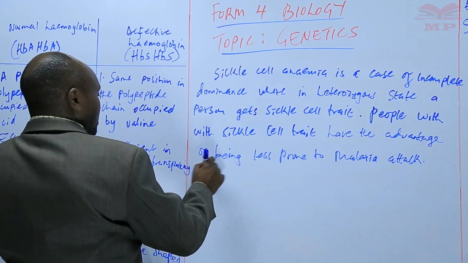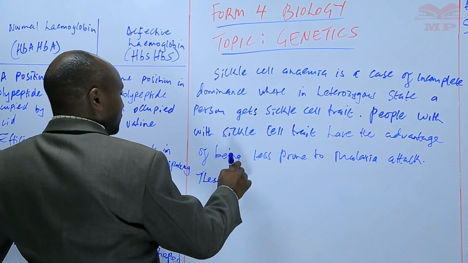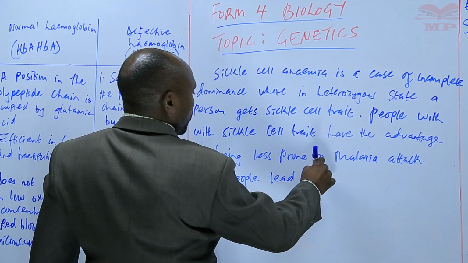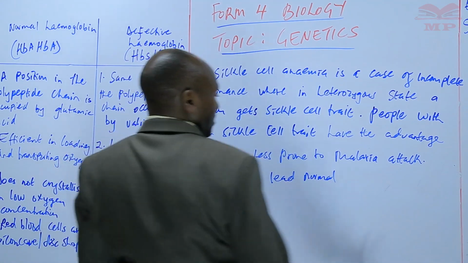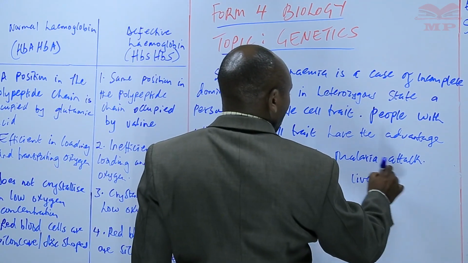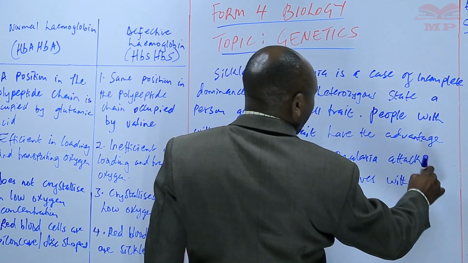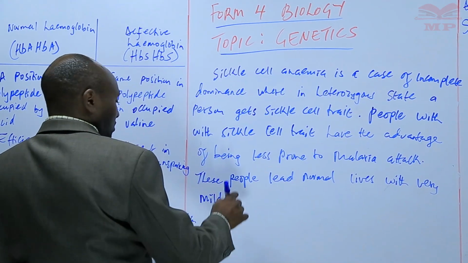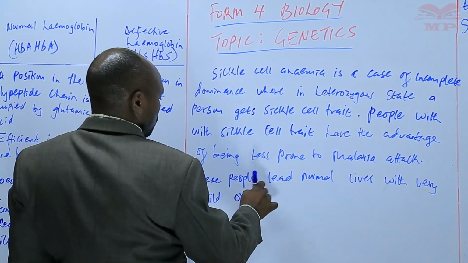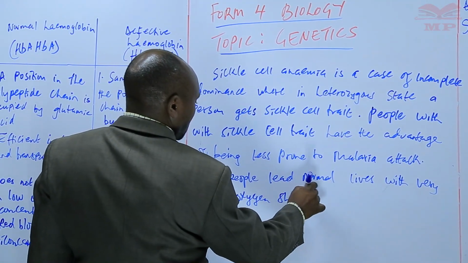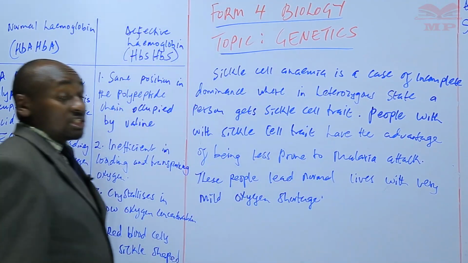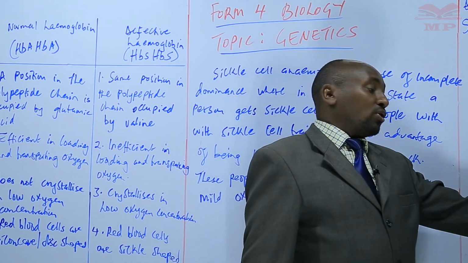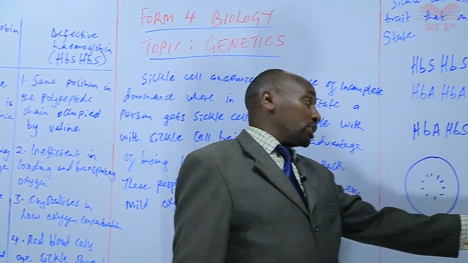And these people lead normal lives with very mild oxygen shortage, because we have said that it's only less than half of the red blood cells that are sickle shaped.